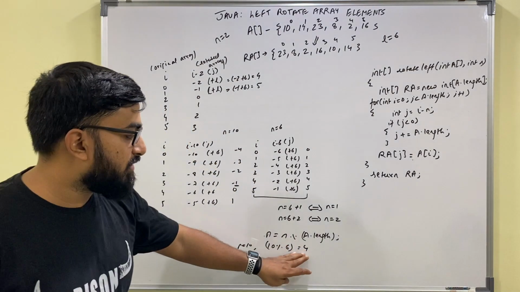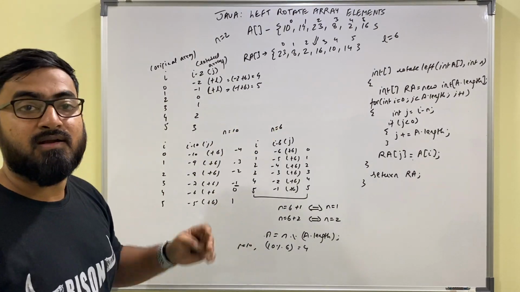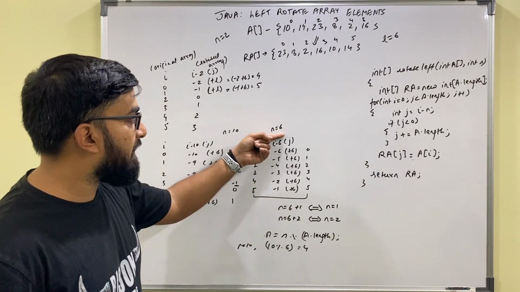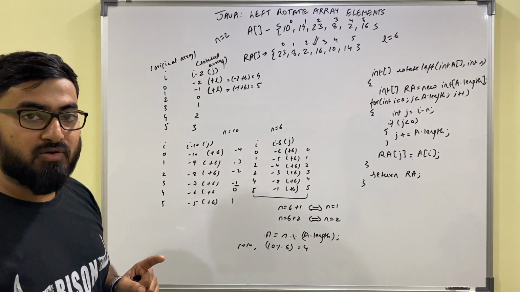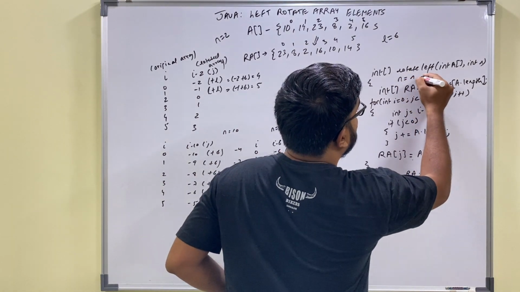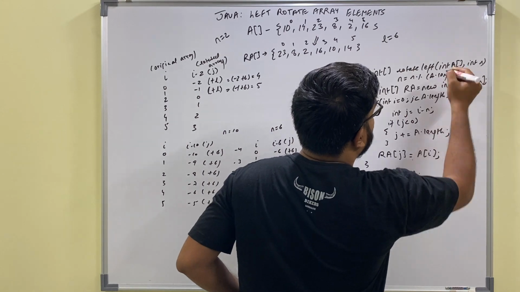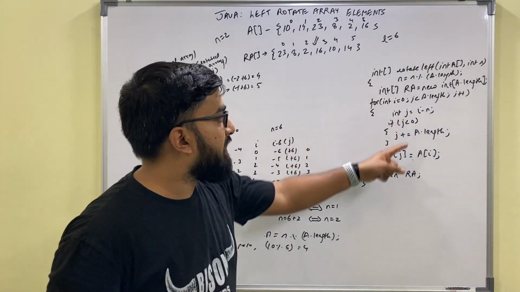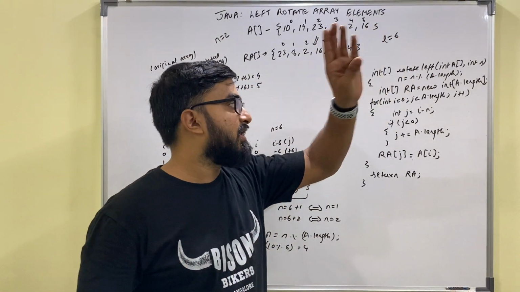So you just need to rotate 4 times, which will be equal to rotating 10 times, because when you rotate 6 times you get the original array and then you rotate 4 more times. All you need to do is n equals n % a.length to make sure that we rotate it between 0 and 5, that is, 0 to less than the length of the array.